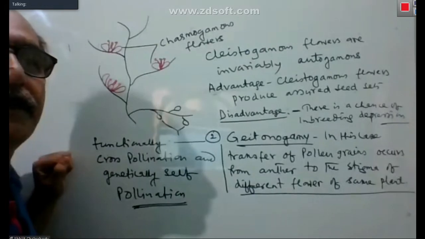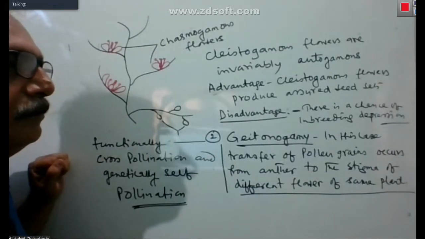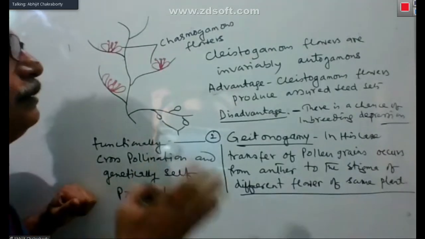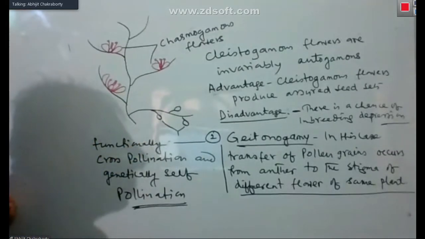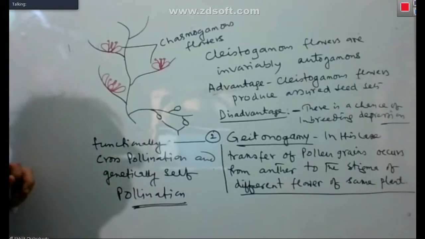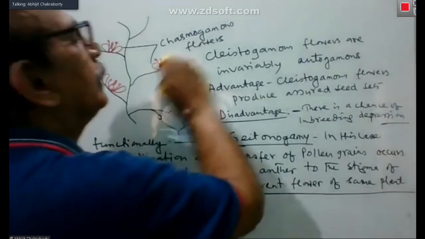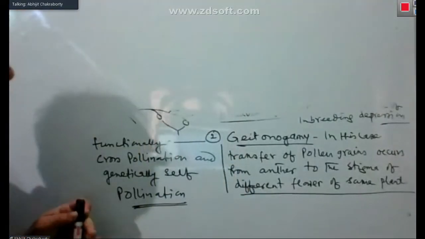Clear? Yes, sir. Okay. So here the chance of variation is somewhat more than that of autogamy. Clear? Then comes the last one, xenogamy.